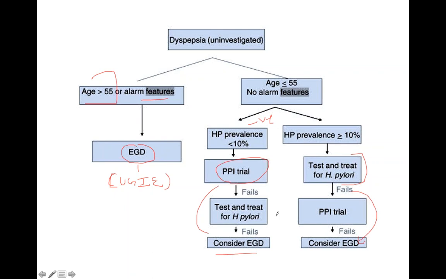Okay, so coming back to dyspepsia again. I told you the most common cause is functional, and there are other causes also, like drugs can cause dyspepsia. NSAIDs basically can cause dyspepsia.